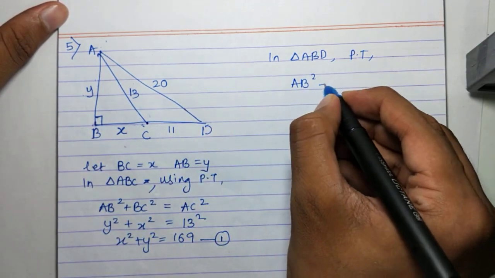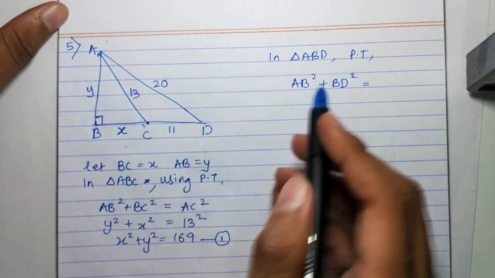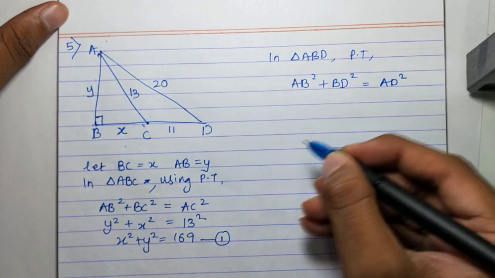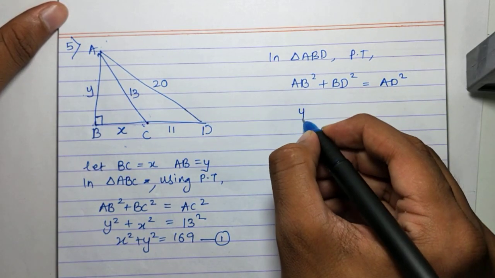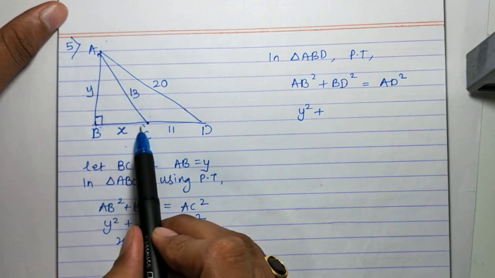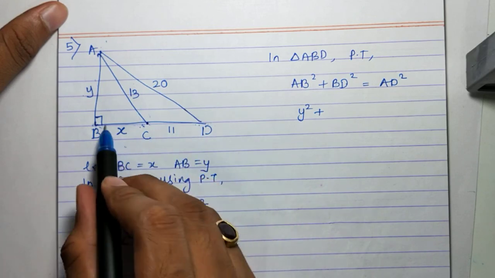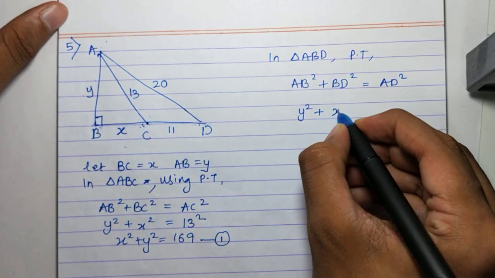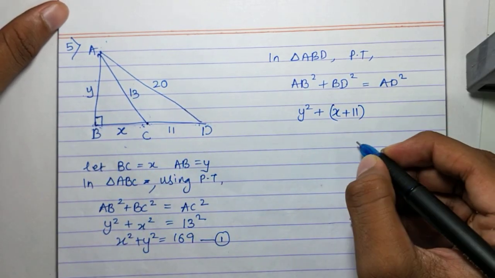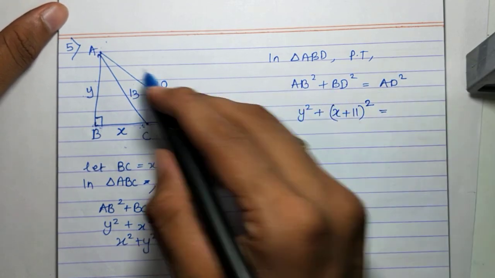So AB square plus BD square equals this AD square. Okay, AB is y square, BD. Now BD is made up of two sides, x and 11. Okay, so you will write total BD is x plus 11. X plus 11 the whole square equals AD is 20.